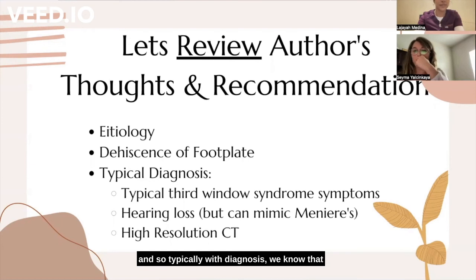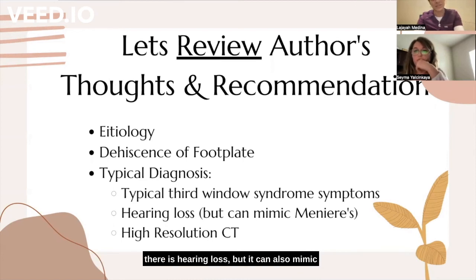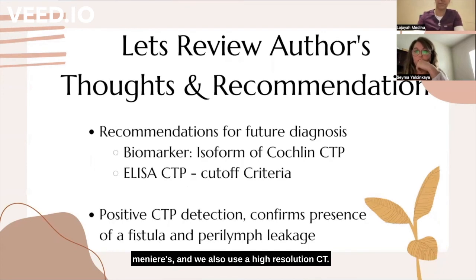Typically with diagnosis, we know that the patient might experience third window symptoms. There's hearing loss, but it can also mimic Meniere's, and we also use a high resolution CT. But what the authors actually recommend for future diagnosis is to look at an isoform of the cochlin-tomoprotein.